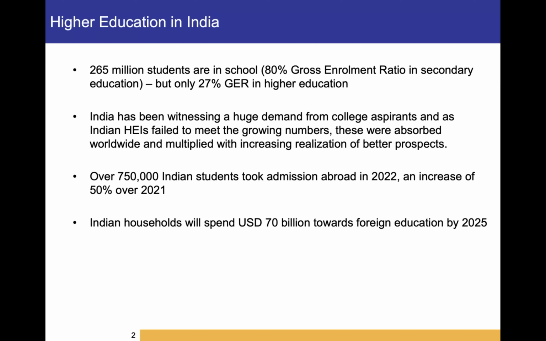Some countries have a gross enrollment ratio of 80%, but there is a continuous increase in Indian students going abroad, and soon, in fact, India has already surpassed the number of students going abroad from China. Almost 70 billion US dollars are being sent by Indian households towards foreign education, and this is expected to rise in the coming years.